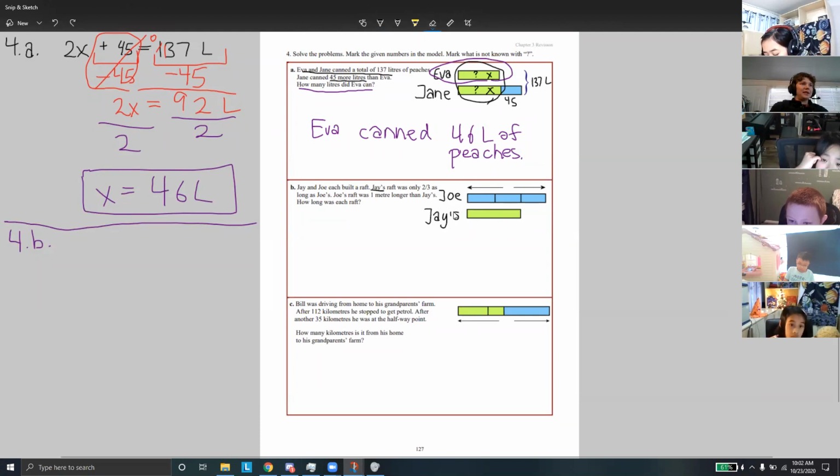I can just write J and Joe like that. Okay, so we know that Joe's raft, the blue one, was 1 meter longer than Jay's. So this is the longer part, right? This is the extra part. And we know it's 1 meter. To write meter, the unit of measurement for meter is a little m.